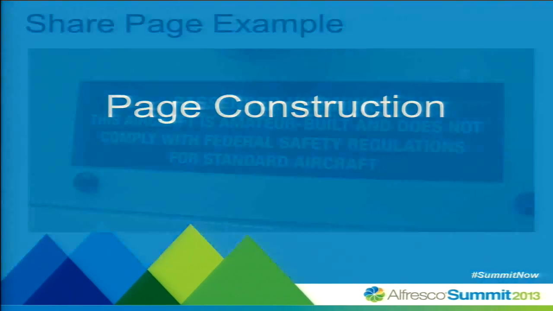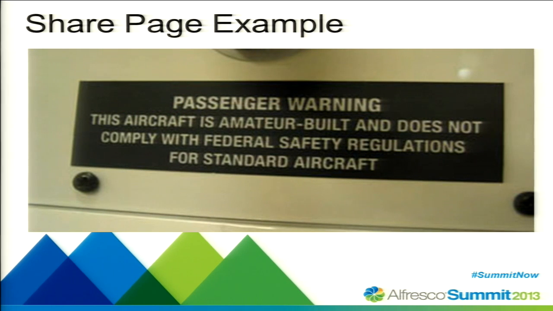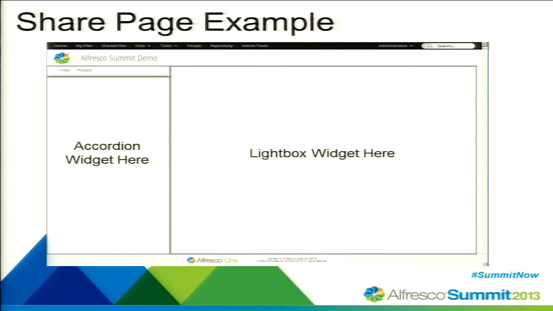So to build a page, first off, there's once again a caveat. This is my amateur building of the page, plus it's not production quality software exactly. Here's what I wanted to build. I've got the header bar at the top, footer bar at the bottom, and in this case I didn't put a company special one on there, but I could have.